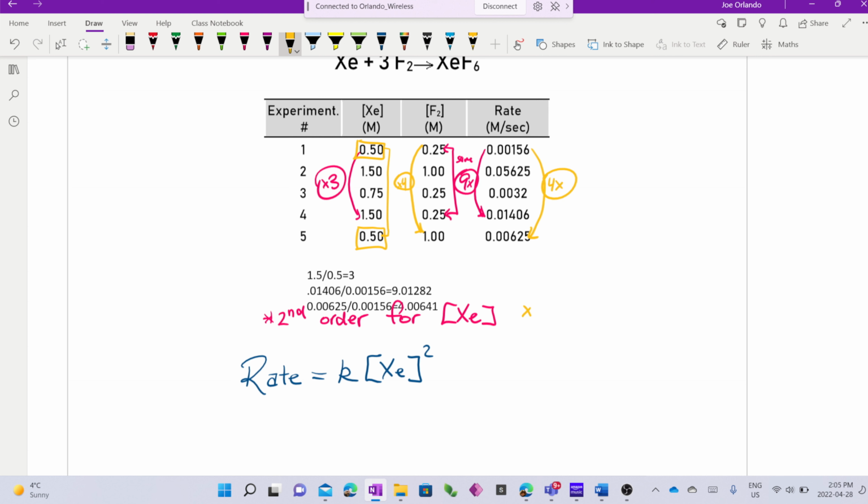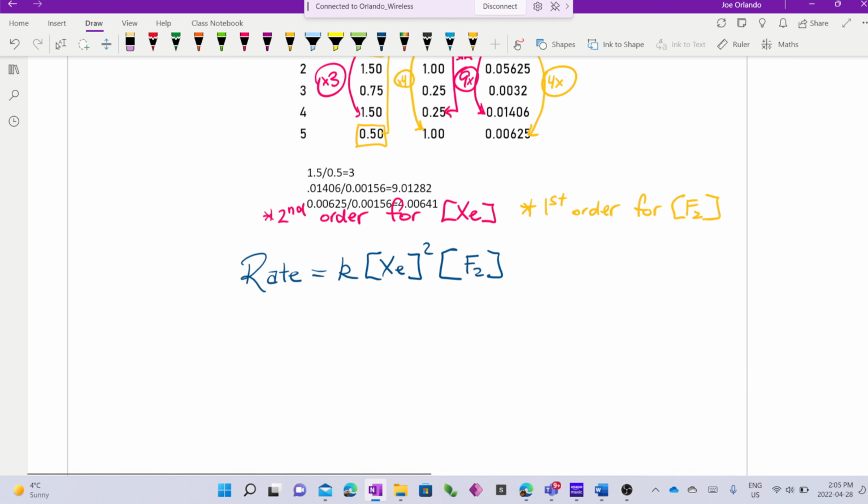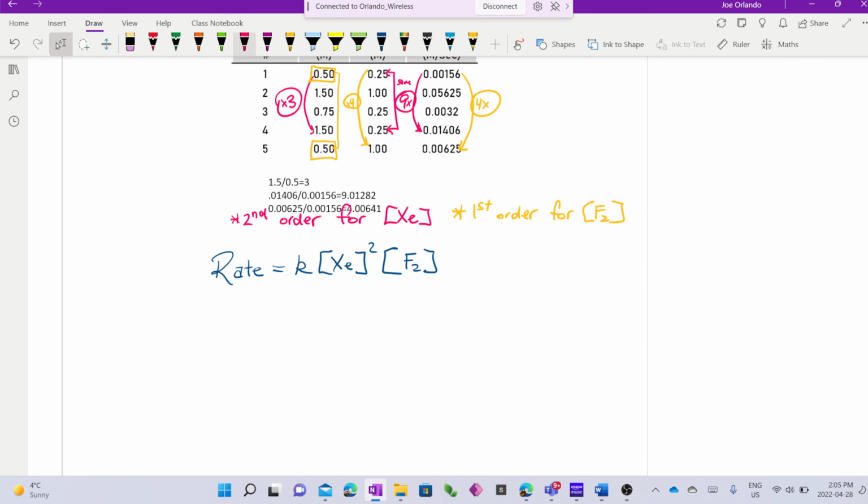So that's first order for F2. And so how would I finish my rate law here? F2. And should there be an exponent there? No. You could, but there we go. Now, can I solve for K? Yeah, divide your concentrations into the rate. Yeah, we solved for K.